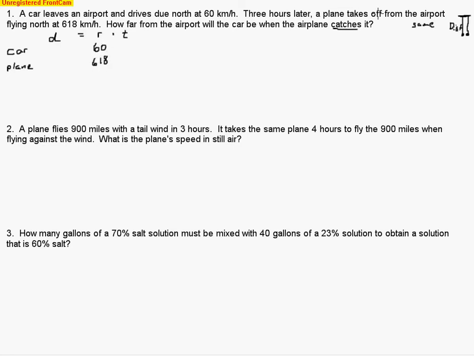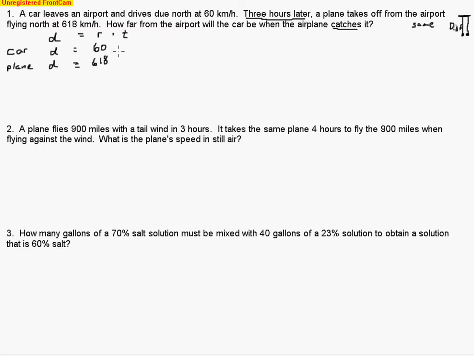And we talked about before how since the airplane and the car are going to be at the same place eventually, we're going to use the same variable to represent that distance. We don't know what it is, but we know it's the same. So we're going to use the same variable, d. And also, we know something about the time here as well. See, the airplane leaves 3 hours later.